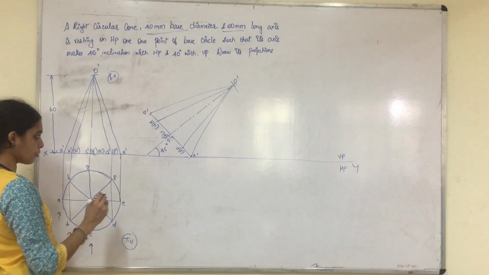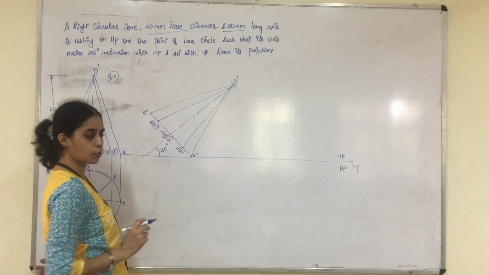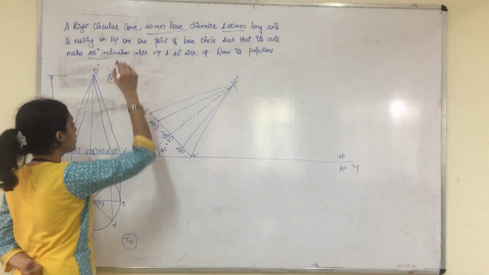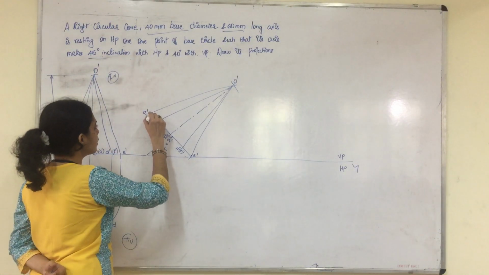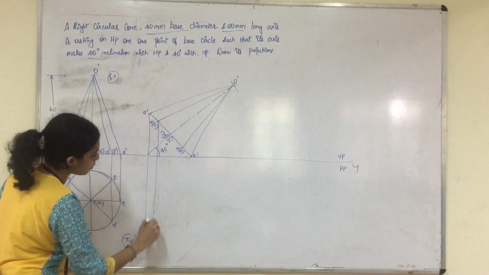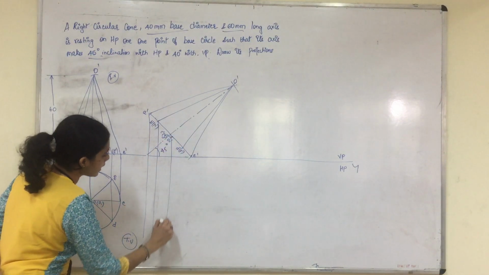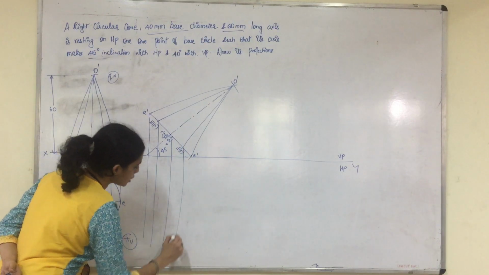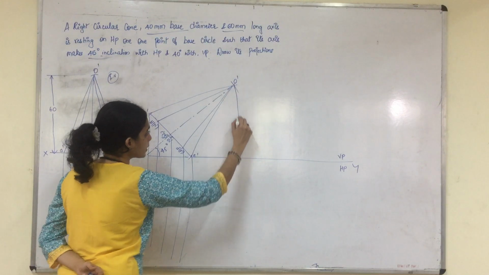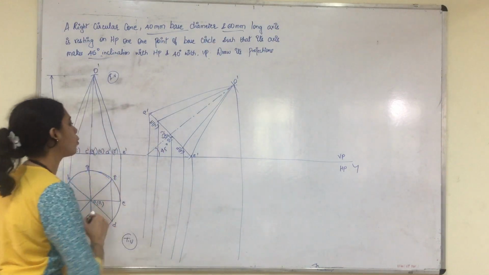So after this we need to trace out the top view when the axis is inclined to HP at 45 degrees. For that, you will take the projection from each and every point: from A dash, B dash, C dash, D dash, E dash, and also from O dash.